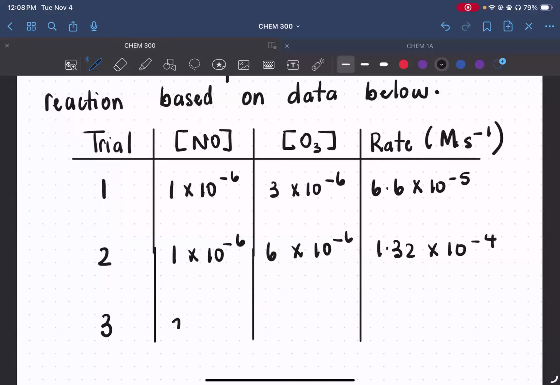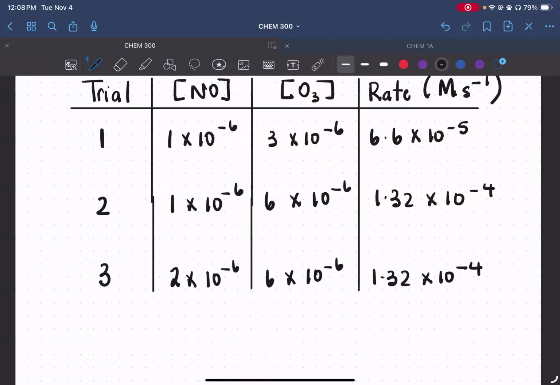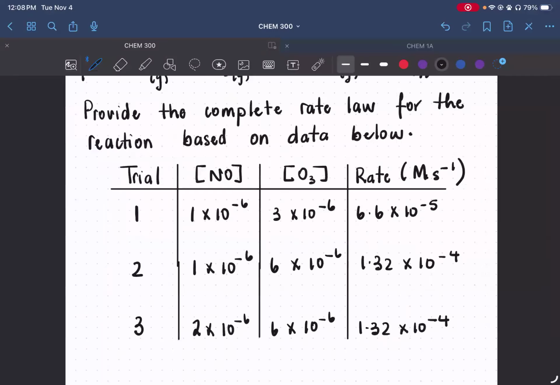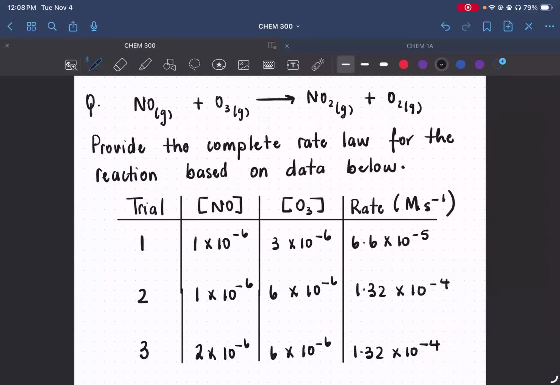And finally, trial 3. Yep, I think we're good on space. There is a complete question. I'll give you guys just a minute or two just to be sure you copied it down in total.